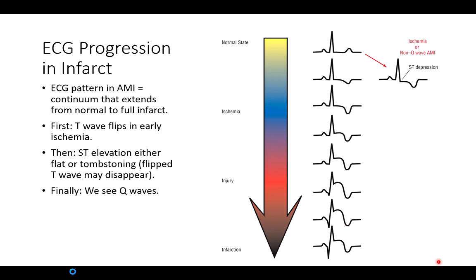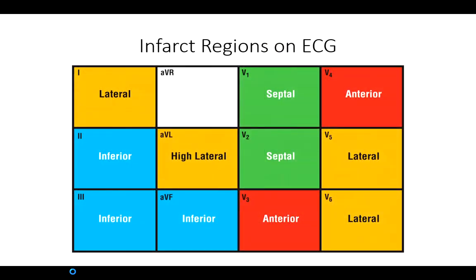So this obviously is a problem if we start to see these tombstone-shaped indicators. And again, when we begin to look at the regions where this is occurring, this figure comes back to mind.